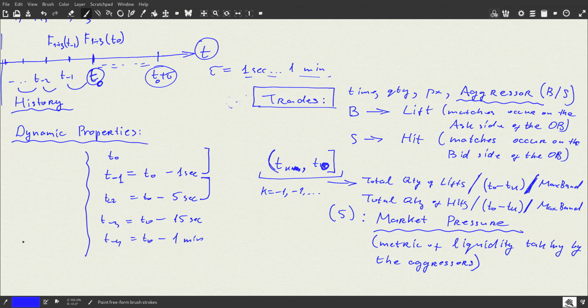So let us now consider feature number 6, which is called liquidity replenishment, or liquidity provision, or making.